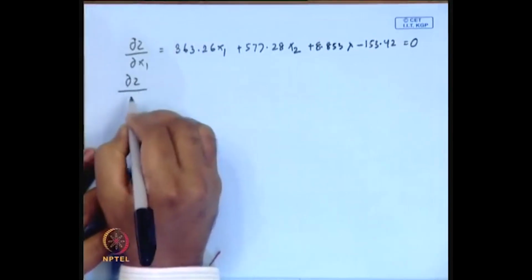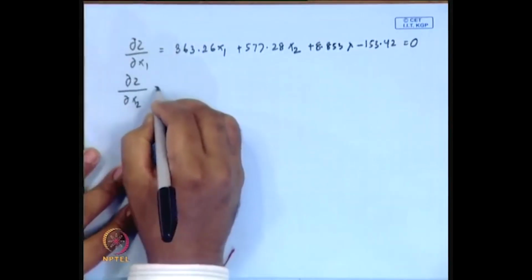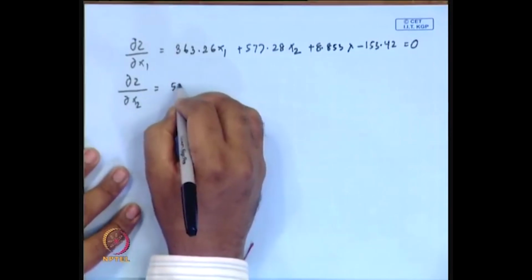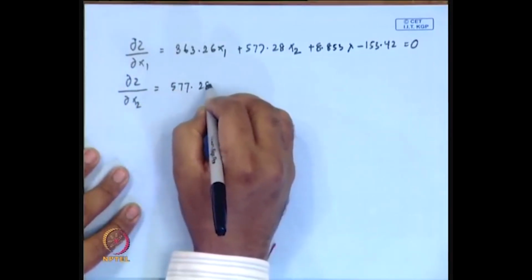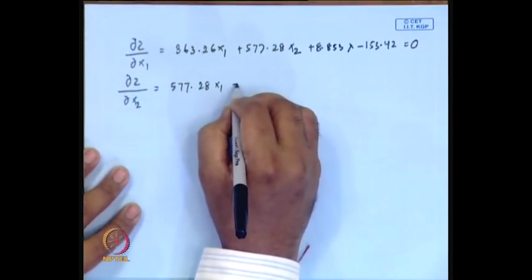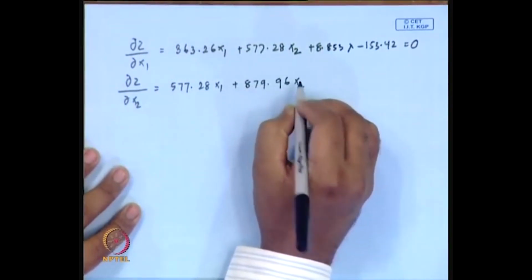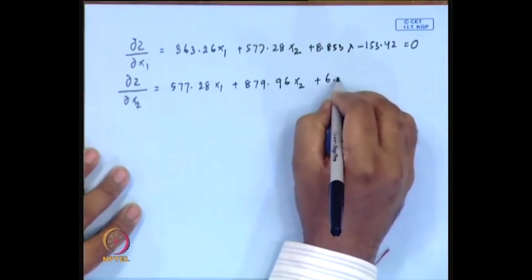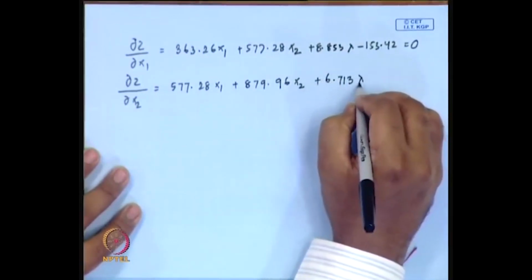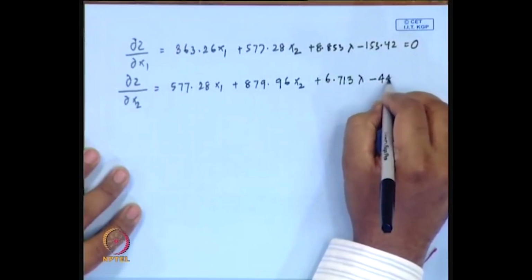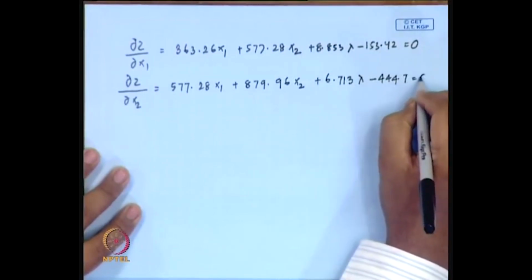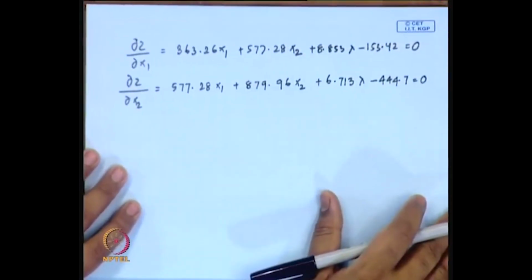Then you can take delta z by delta x2, with respect to x2, we will find 577.28 x1 plus 879.96 x2 plus 6.713 lambda minus 444.7 is equal to 0.